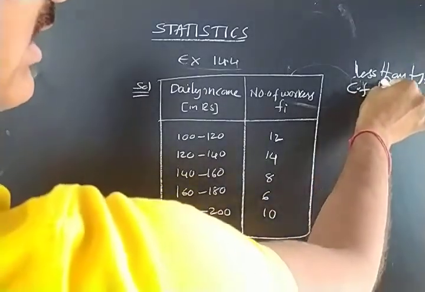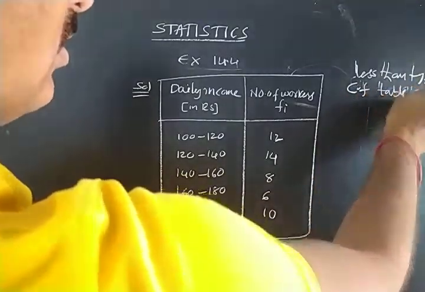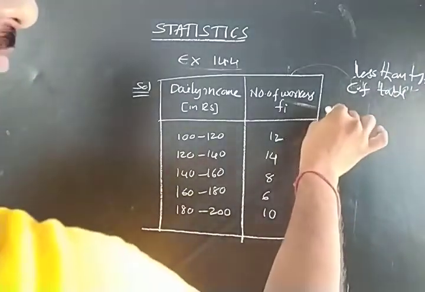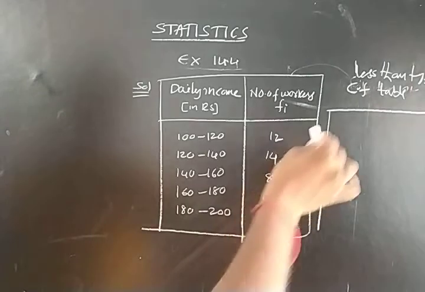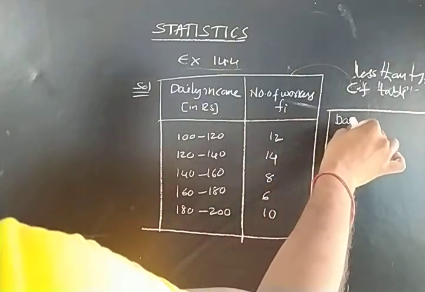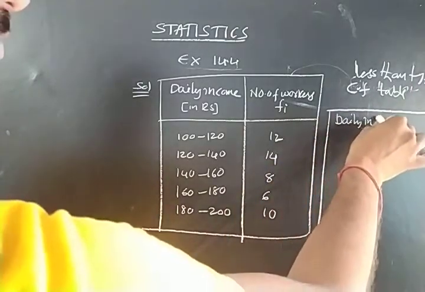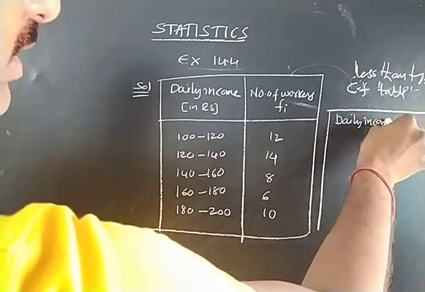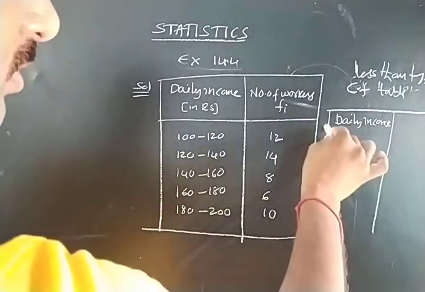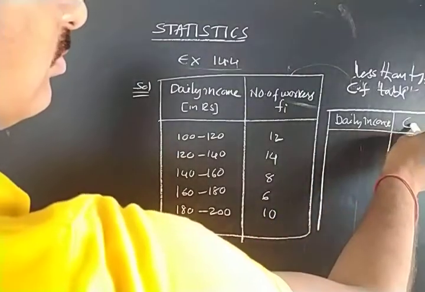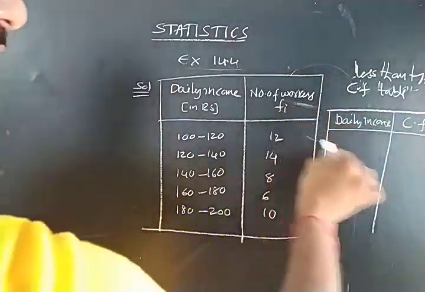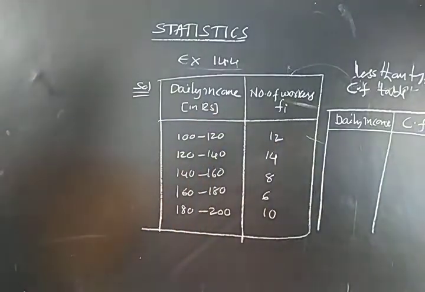Here I will draw: first column, daily income; next, cumulative frequency. So frequency is converted into cumulative frequency. Here the intervals are there, no?